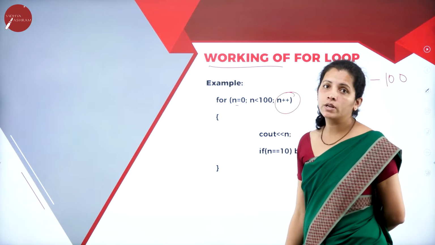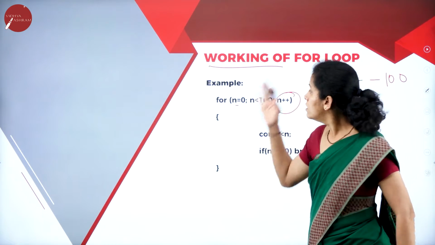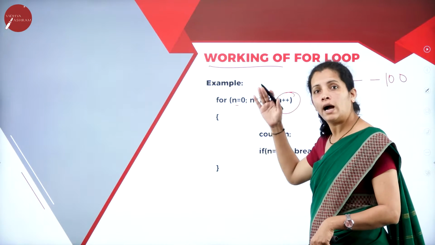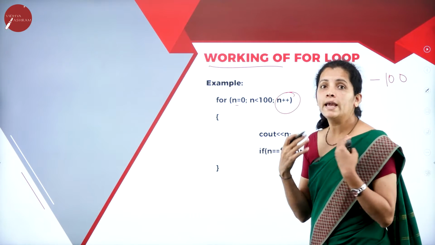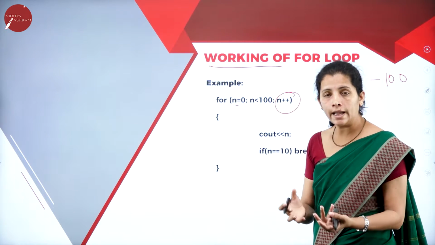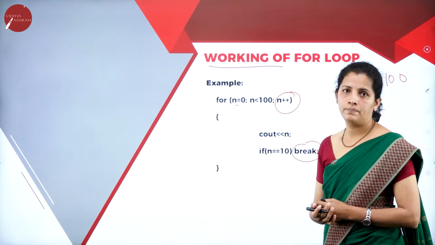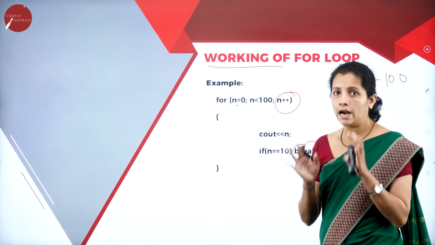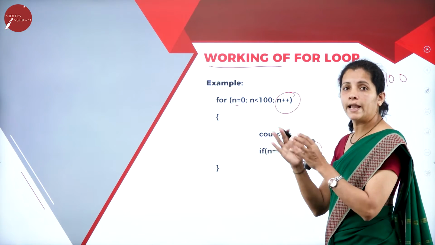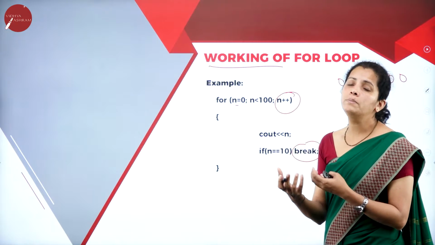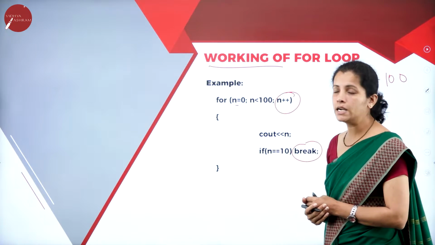How many times do I want to repeat this for loop? 100 times. Instead of using this for loop 100 times, if I want to exit when I reach n equal to 10, then I'm going to use the keyword break. I don't want to repeat 100 times, but when I reach 10, that is n equal to 10, then I want to terminate immediately. In that situation, I'm going to use the break statement.